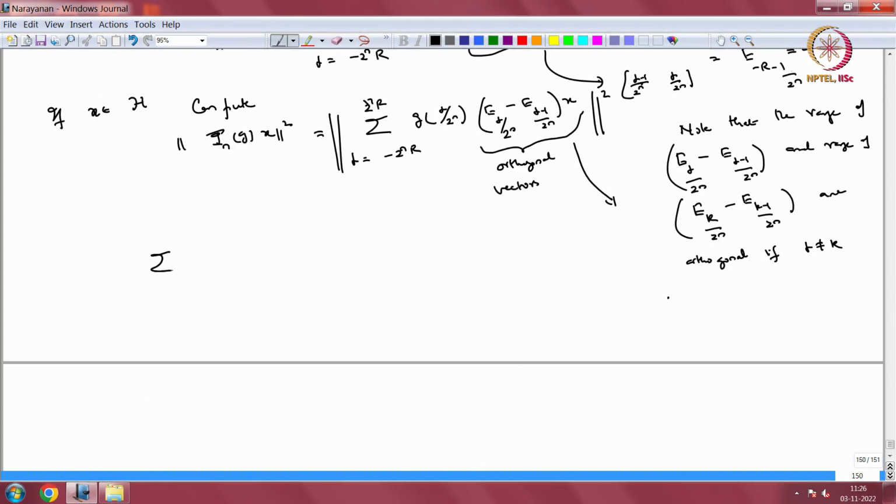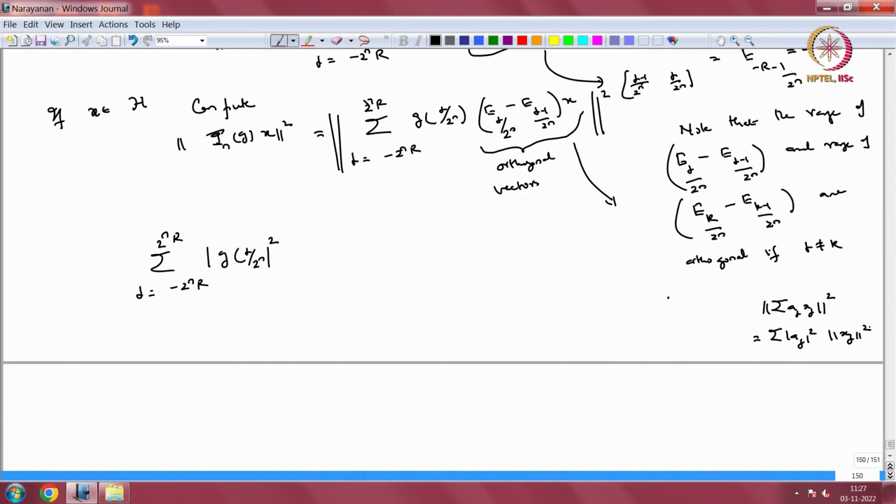This is equal to the summation, since they are orthogonal to each other, over j from minus 2 to the n r to 2 to the n r of modulus of g of j by 2 to the n, squared. Because for the summation a j x j, if the x j are orthogonal and I take the norm square, that is going to be the summation of mod a j square times norm x j square.